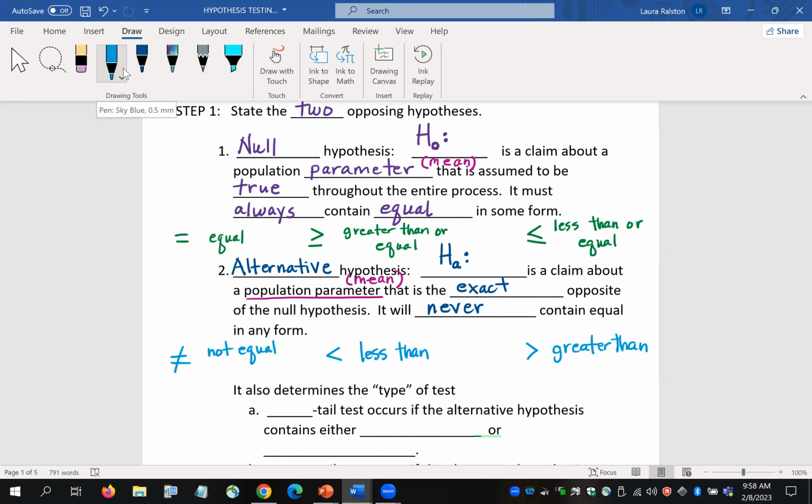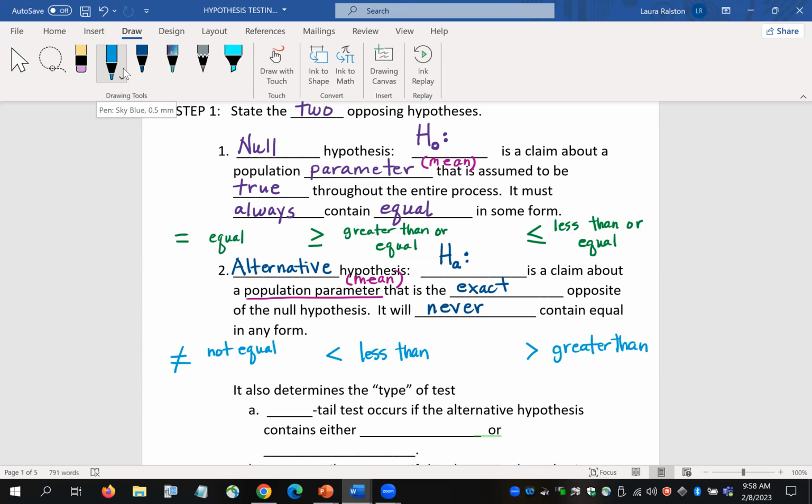Again, they're exact opposites. And one of those hypotheses has to be stated in the given scenario. Again, you as the reader will have to make the decision about which one you have.